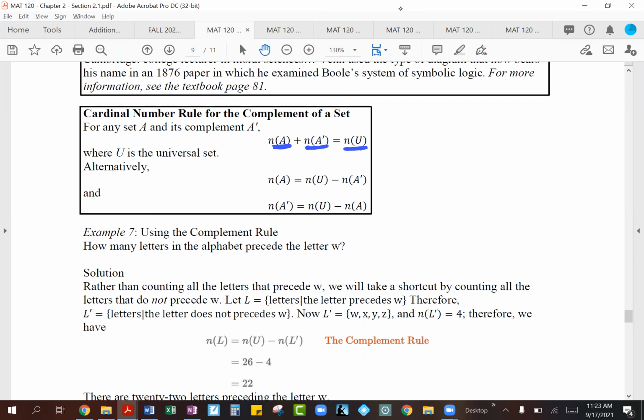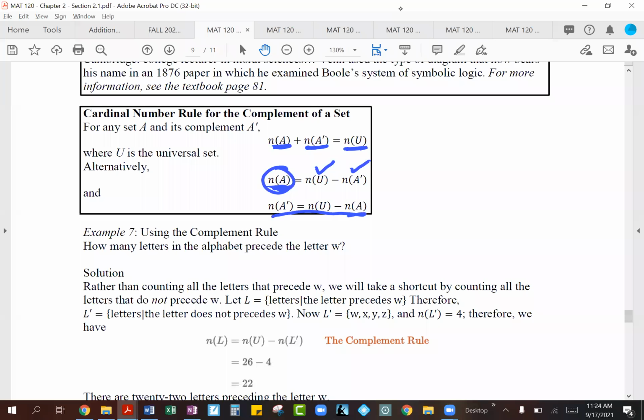And then they're just rewriting this formula, where they're saying, okay, if you wanted to calculate the cardinal number for set A, if you know what the cardinal number for the universal set is and the cardinal number for the complement of a set is, you can actually subtract the complement set from the universal set to get your cardinal number for the original set.